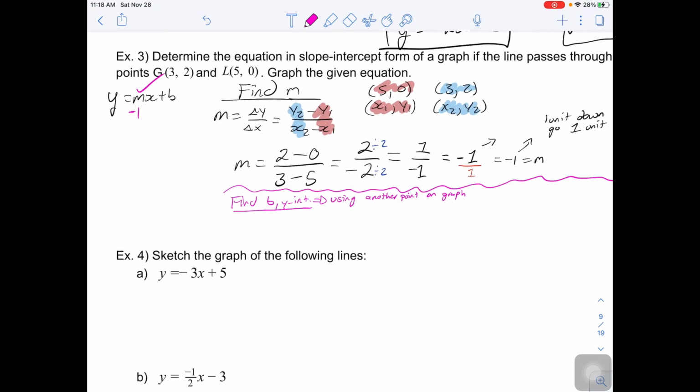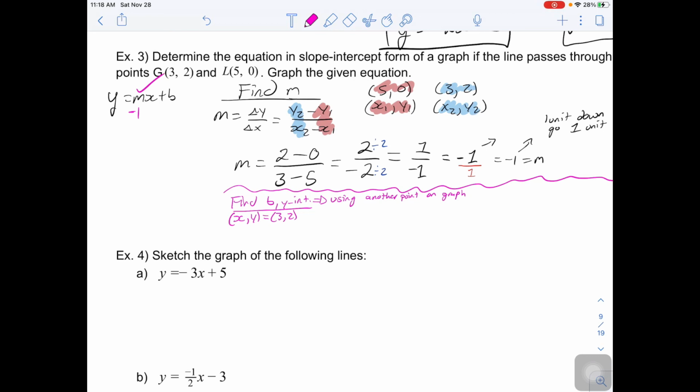So this is a new method that you're going to learn. I'm going to use the fact that I have 3 and 2 on this line. So when x and y are 3 and 2, I can solve for b algebraically.